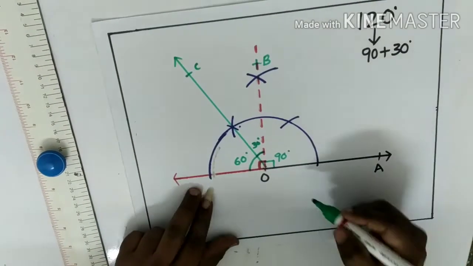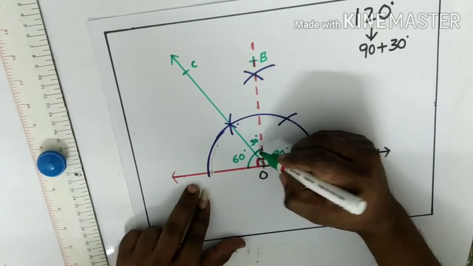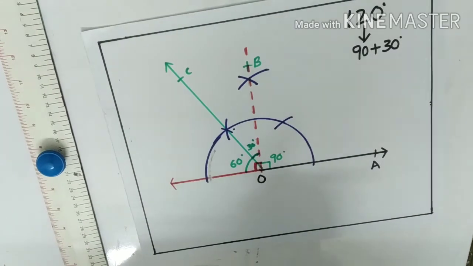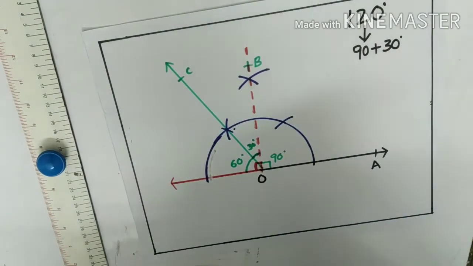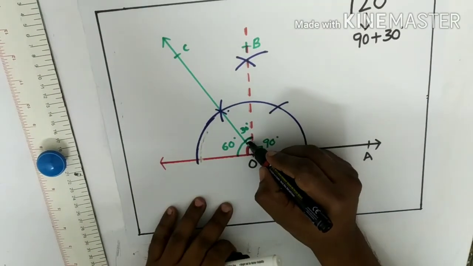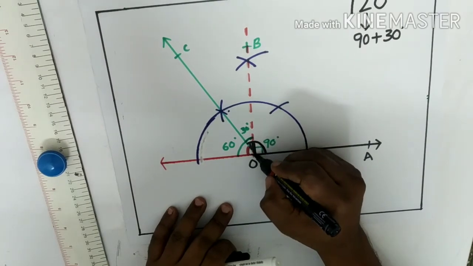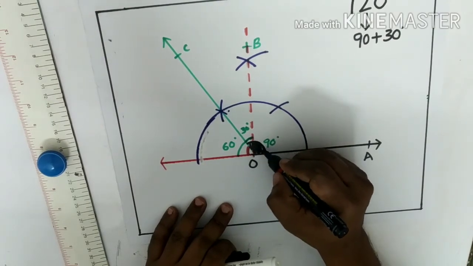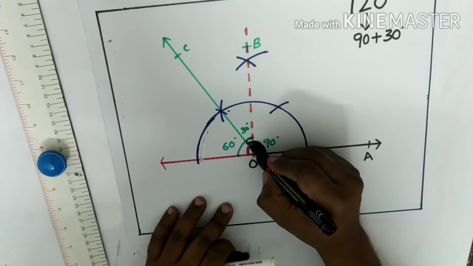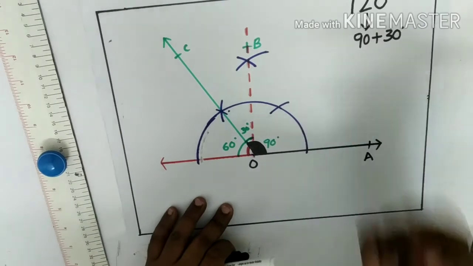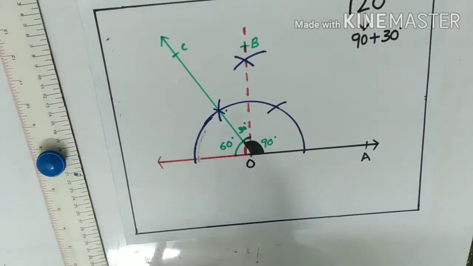Very good. Now I am going to shade this part. This is 30 and this is 90. 30 plus 90, that angle is 120 degrees.